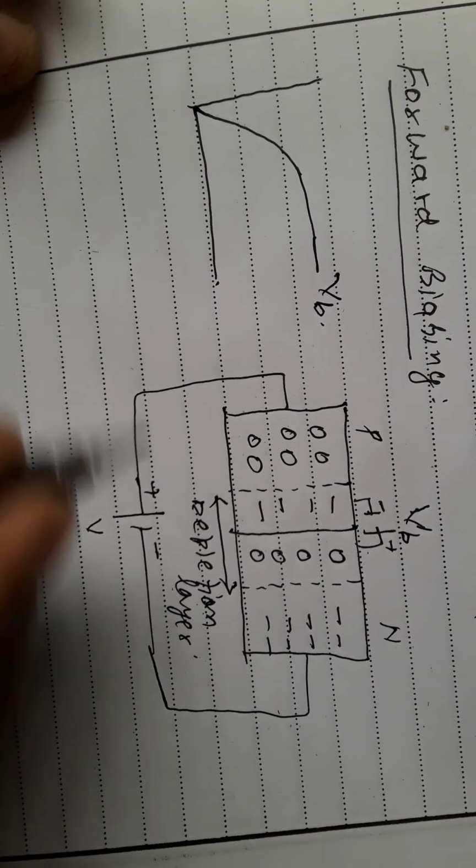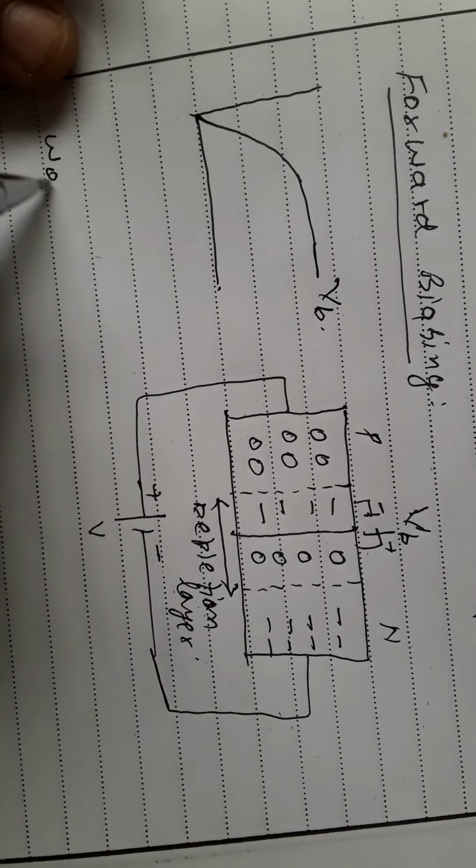Now the working of forward biasing. Here the holes, which are majority carriers in the P side, and the electrons, which are majority carriers in the N side. These holes get repelled by the positive terminal.